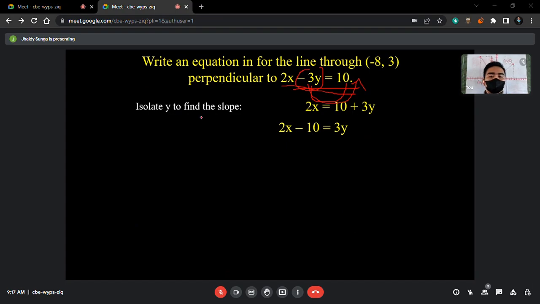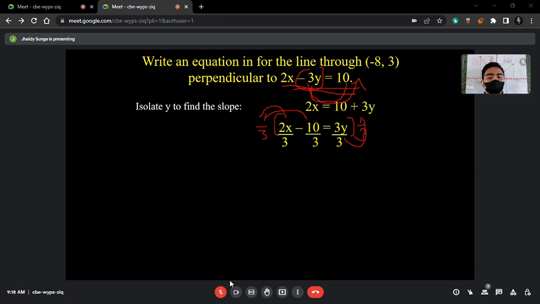Alright. So when we have this equation, now what are we going to do? To remove the 3, or diminish the 3, by multiplying both sides by 1/3. Okay? By 1/3. Alright, so if we multiply that one, we distribute this one, we will be having 2x over 3 minus 10 over 3 is equal to 3y over 3.